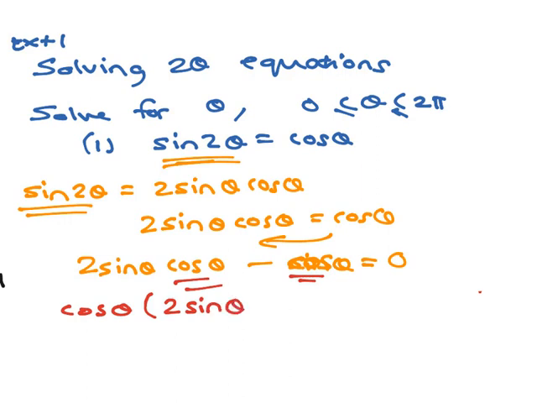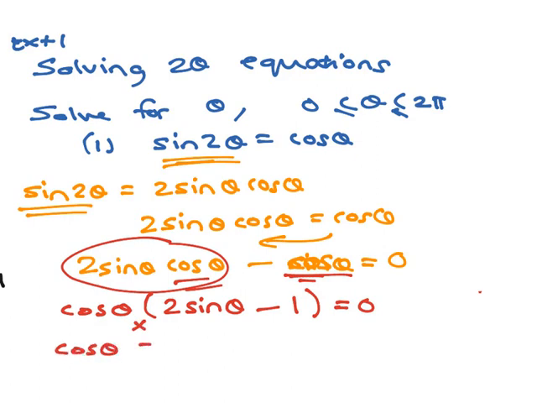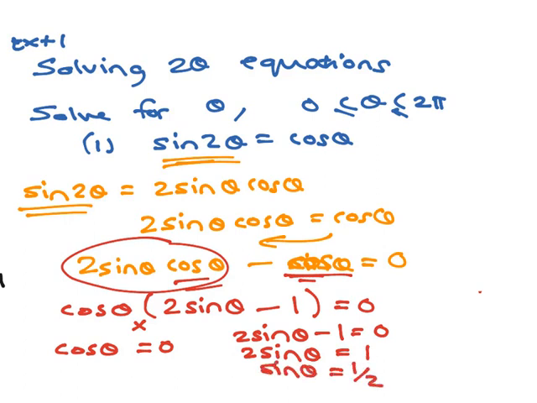You end up with 2 sine theta minus 1 equals 0. When two things are multiplied together, either cos theta is 0, or 2 sine theta minus 1 is 0. So 2 sine theta equals positive 1, so sine theta equals 1/2.